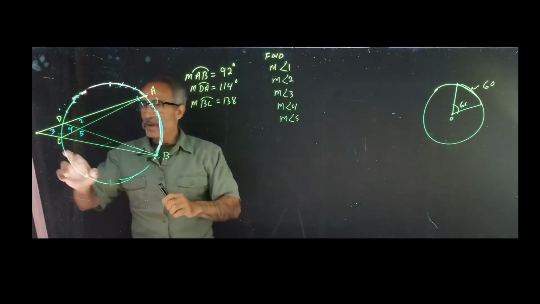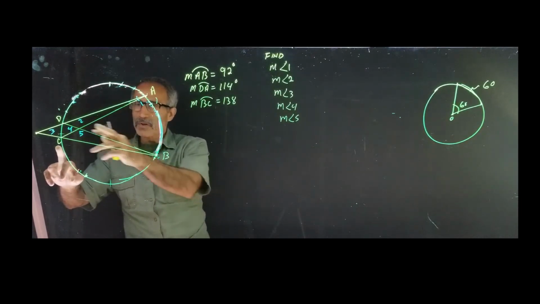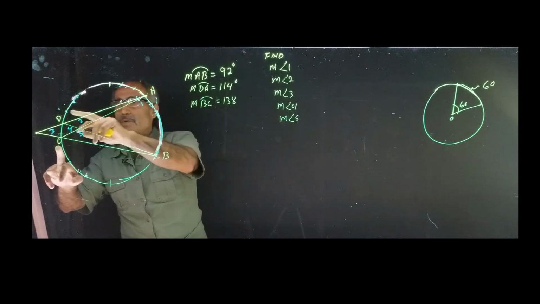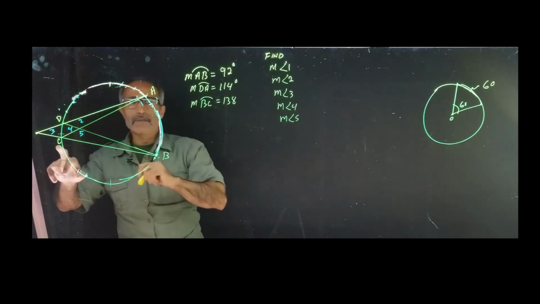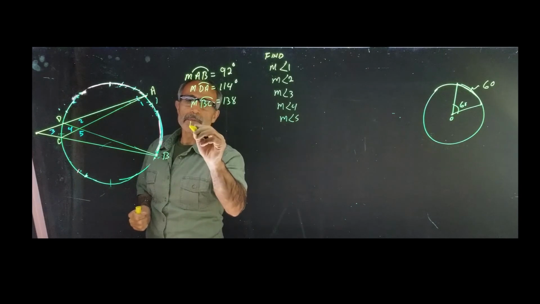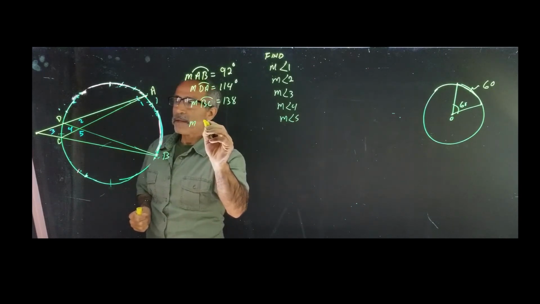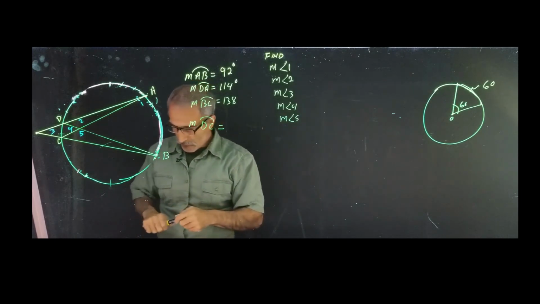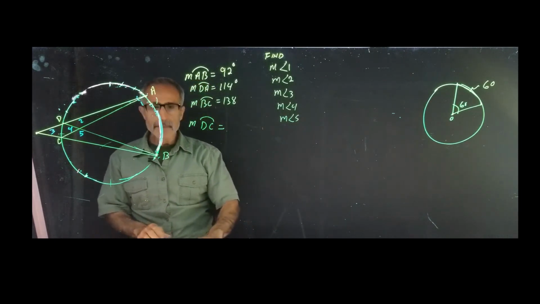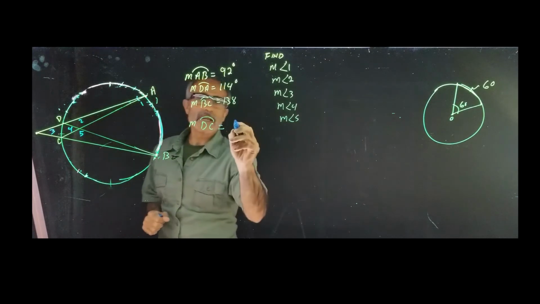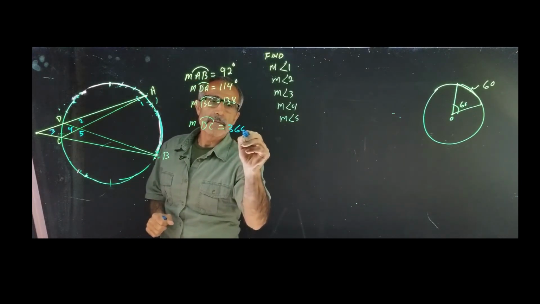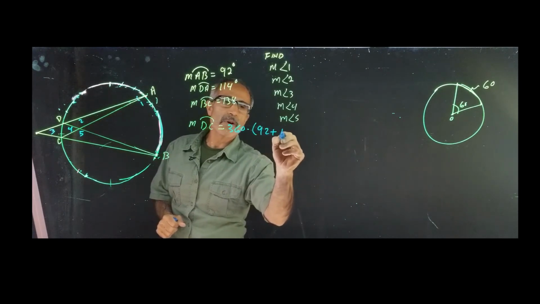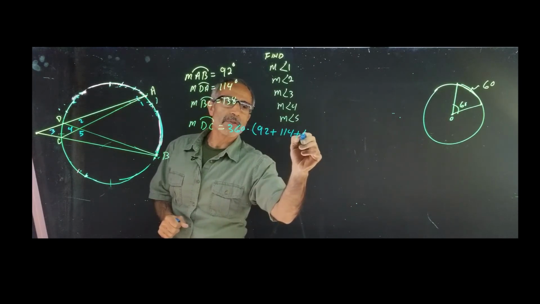We have everything. From point A, let's go around the circle all the way. We have C to B, we have B to A, we have A to D. Oh, we don't have D to C. Let's find out D to C. So arc DC is equal to 360 minus 92, 114, and 138.